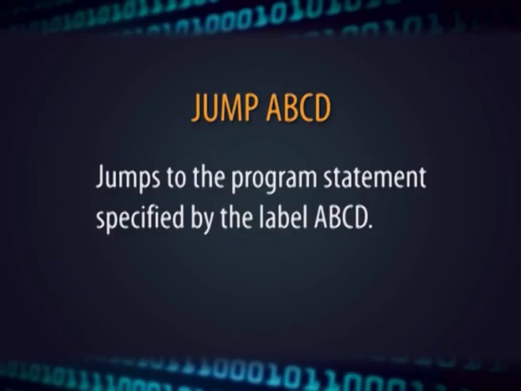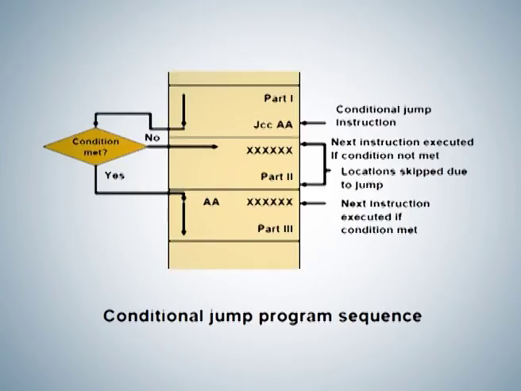In the program, the instruction jump ABCD jumps to the program statement specified by the label ABCD. On the other hand, when a conditional jump instruction is there, the jump takes place only when the condition specified with the jump instruction is true. If the condition is false, the execution takes place from the next sequential instruction of the program.